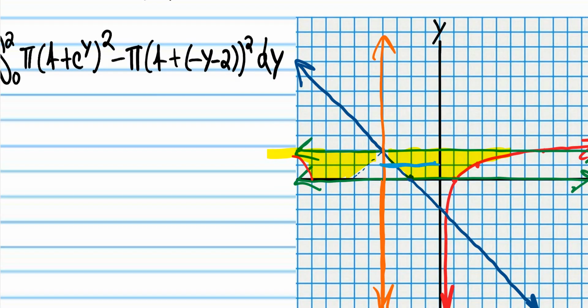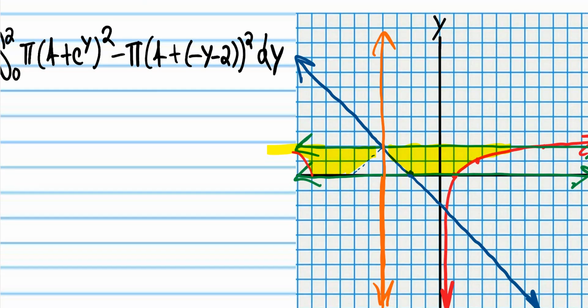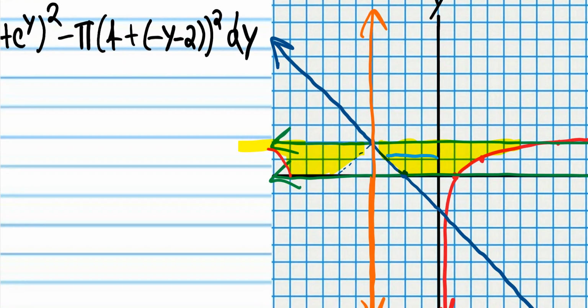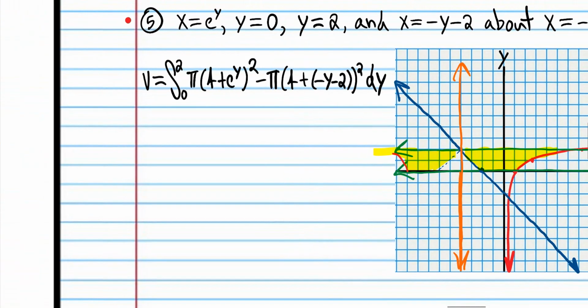This blue value here is 4, but then you're going to add this negative value, which is going to take away from that blue value, and then you're going to be left with this pink length here, which is what we want. That's the radius of the inner circles. Again, not something that is very obvious.